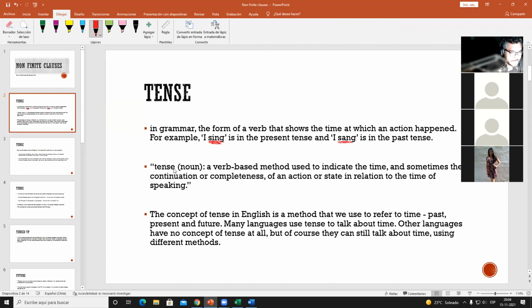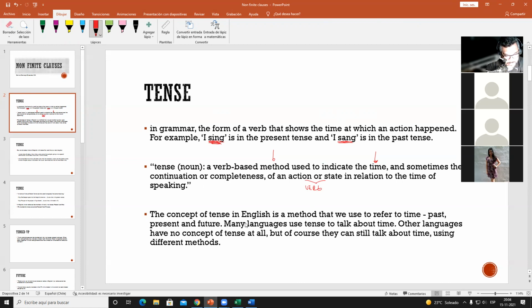Tense is a method used to indicate the time. And sometimes I don't agree that much with this idea of continuation or completeness, because that's another thing. It's called aspect. Of an action or a state: when I say action or a state, I'm talking about a verb, at the time of speaking.